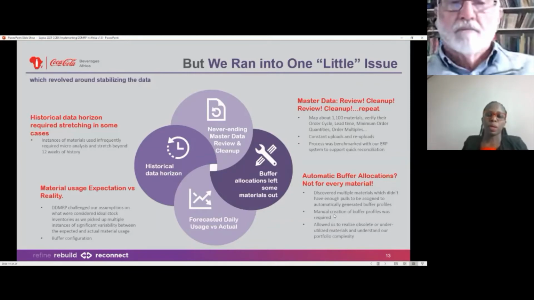Then we also encountered issues to do with buffer allocations.